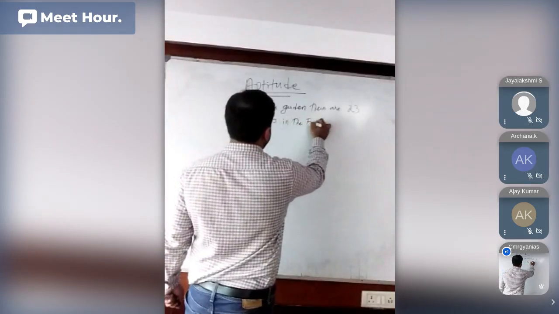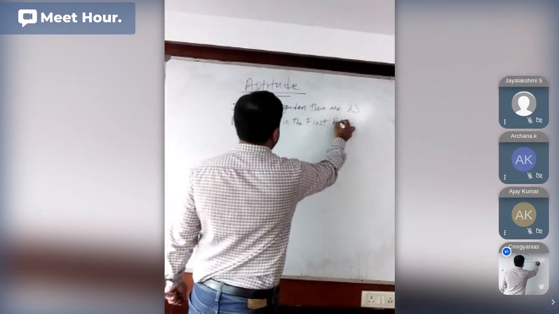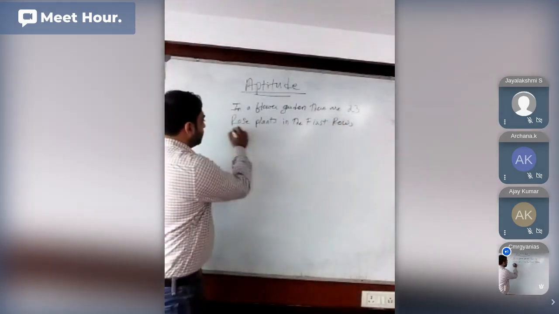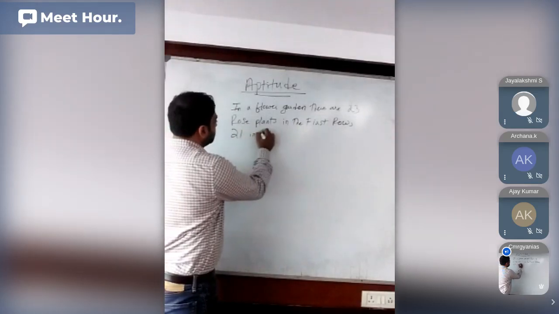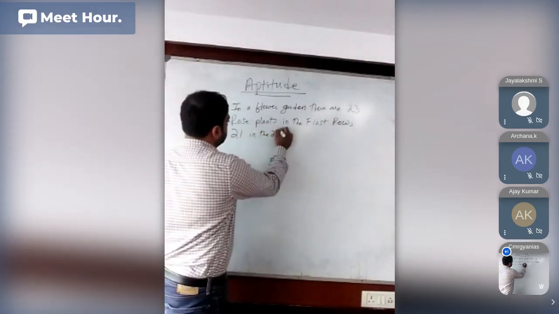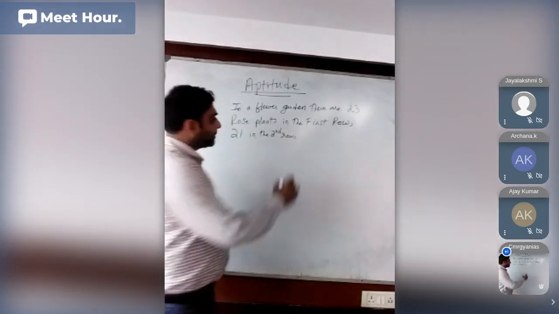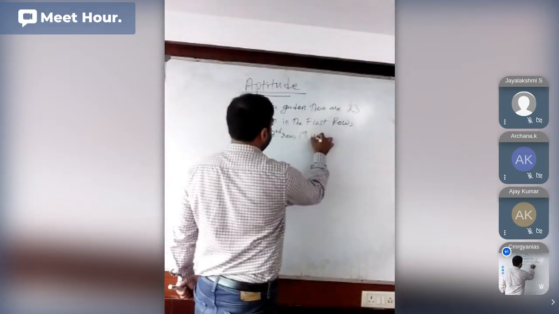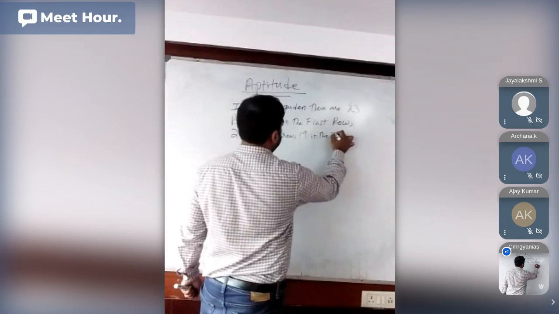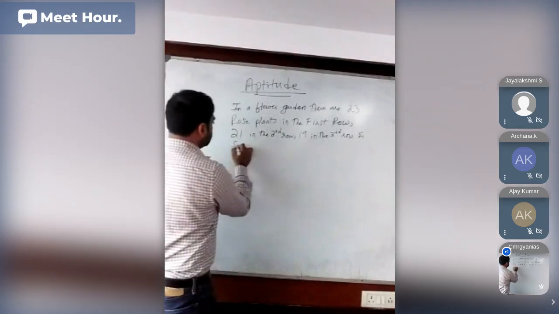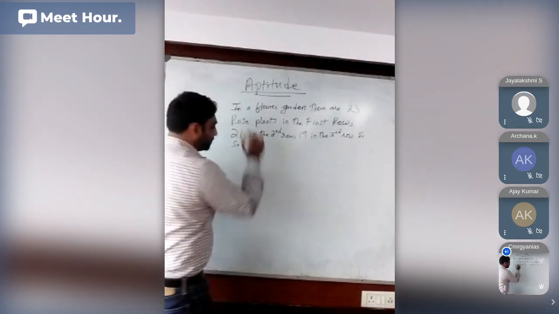in the first row, 21 in the second row, 19 in the third row, and so on.